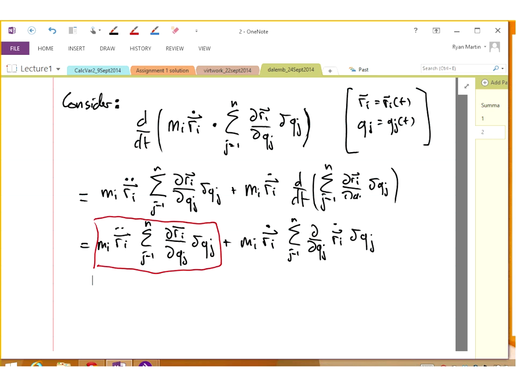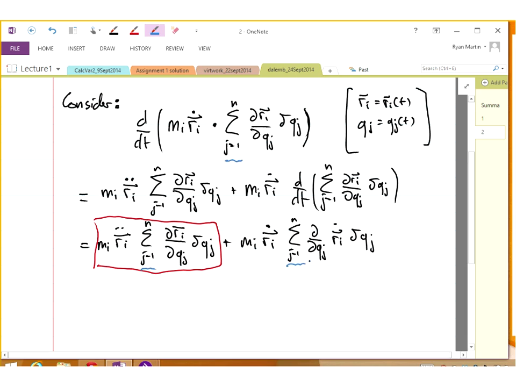So we have the first term here, the term that's written after the word consider, and that's equal to the last line here. In every single term, there is a sum over j from 1 to little n. Each term has it. So it's here, it's here, and it's here.